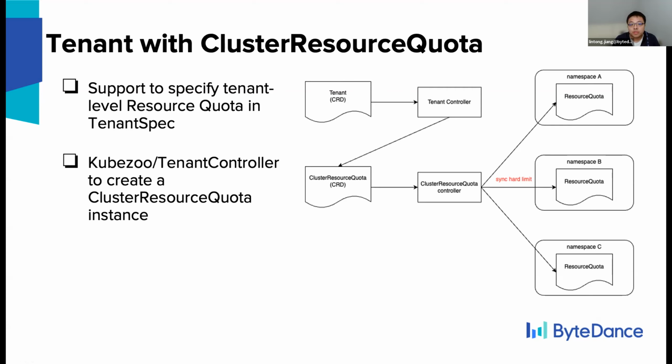All the namespaces under the same tenant will have the same. Yes, but then you have a problem, right? Regardless of how many namespaces you create, if I want this tenant to only have N CPU and Y memory, whether you create one namespace or 1,000 namespaces, they share the same quota. Can that be done?